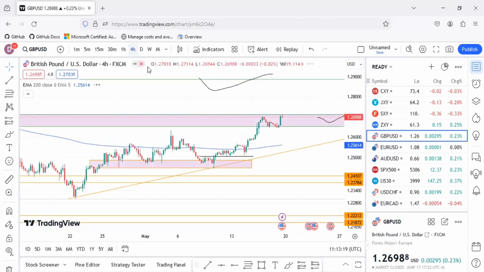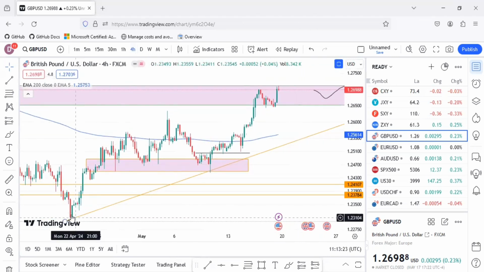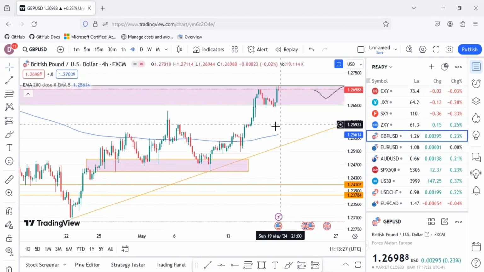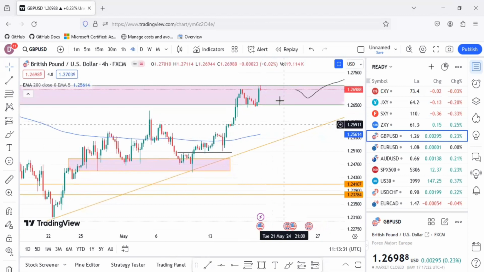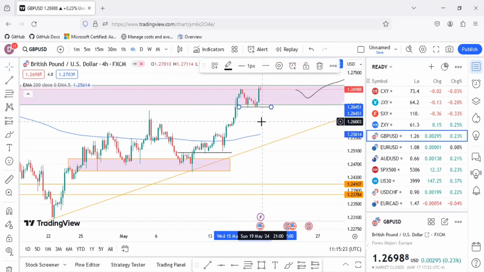So go to the 4 hours time frame now. What are we seeing here? You can say that the price has been making an uptrend here, from here up to this place. But now that it is at this level, before I could begin to short this GBP USD, I need to see a break below this 1.26451.